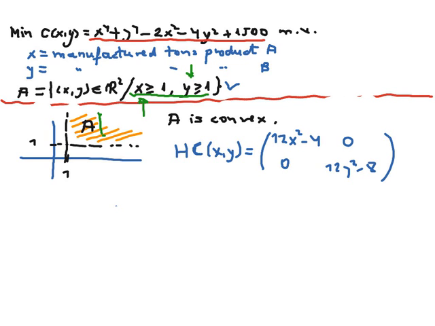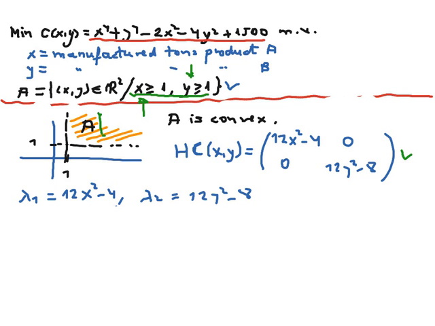Now we come back to the Hessian matrix evaluated at any point, and we must study its sign. As it is a diagonal matrix, its eigenvalues are 12x squared minus 4 and 12y squared minus 8.